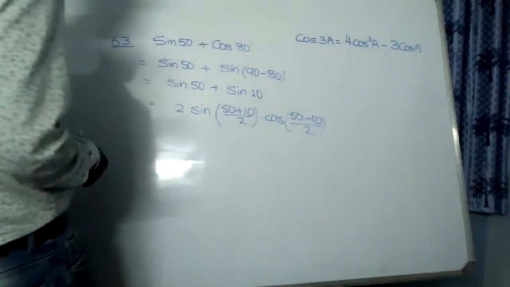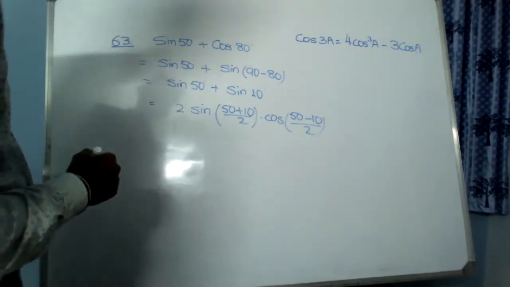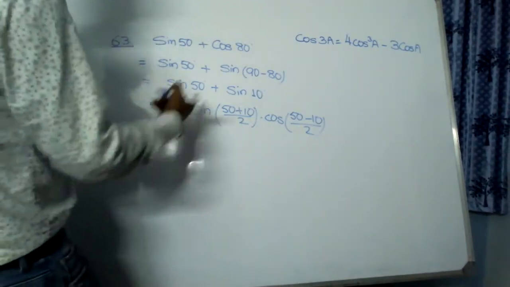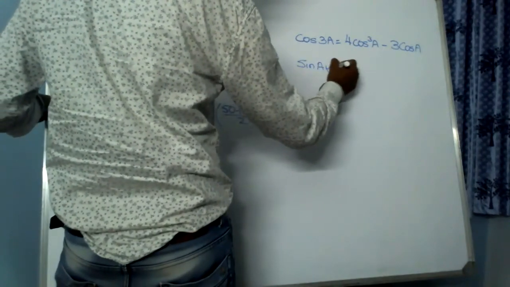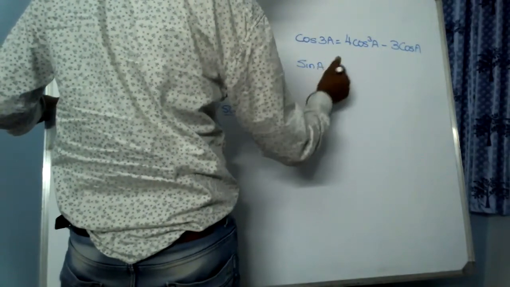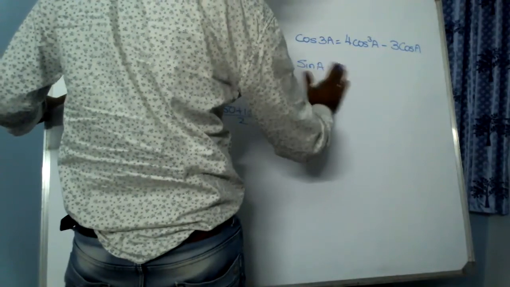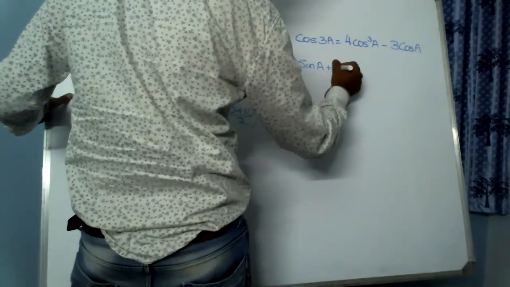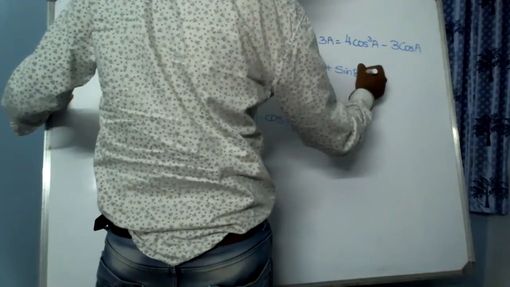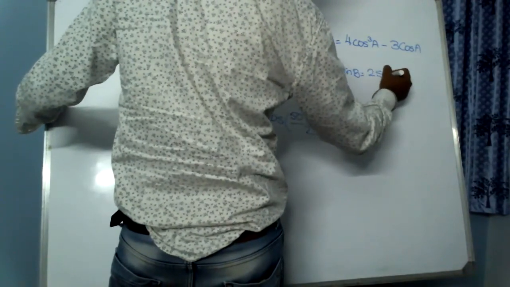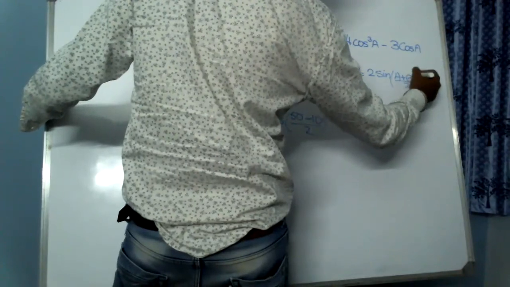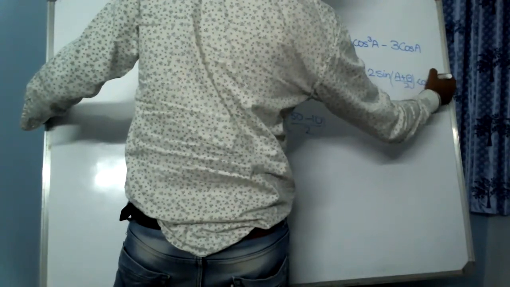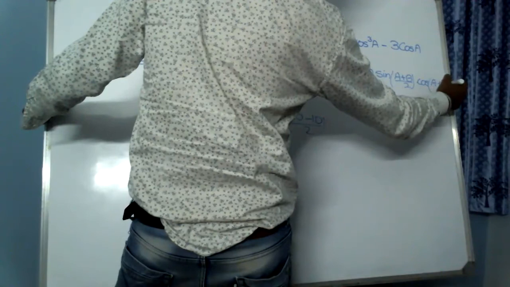This is the formula. In case you are wondering what formula I'm using, it's sine A plus sine B is equal to 2 sine A plus B by 2 into cos A minus B by 2.